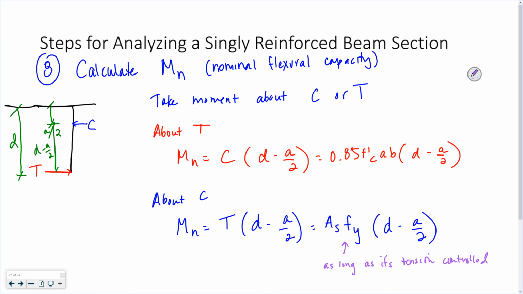If not, that would be Fs instead of Fy. So yeah, most people use this one just because there's less numbers, less times to get it wrong. Eventually we're going to have a phi factor on this. This is just the nominal capacity. But yeah, that's how you analyze a section.